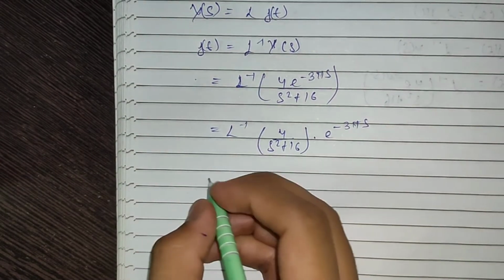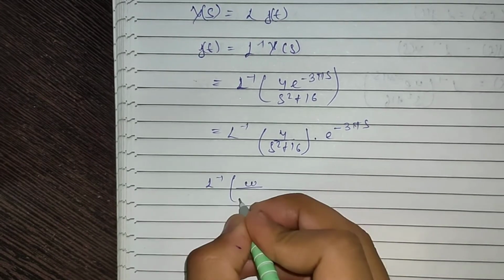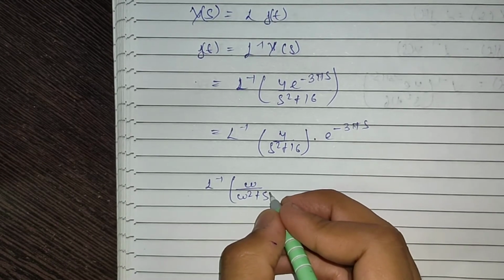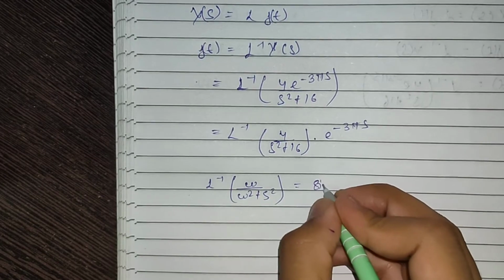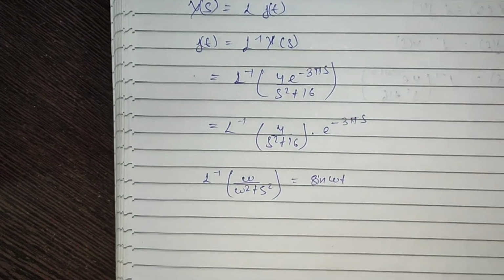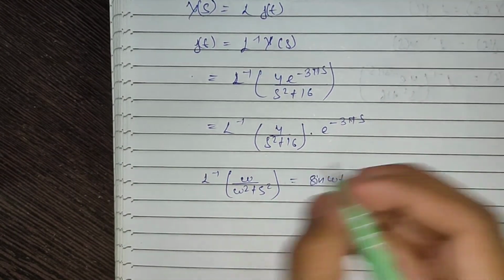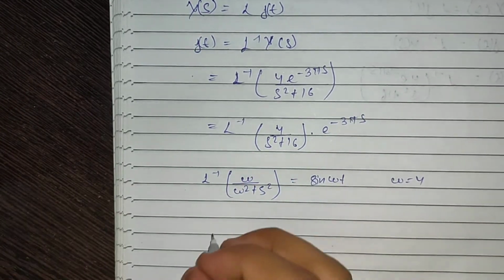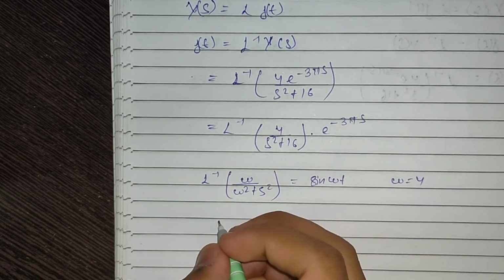So this is a property that the Laplace inverse of omega upon s square plus omega square is equal to sine of omega t. So in this case our omega is 4, and the Laplace inverse of 4 upon s square plus 16 will be equal to sine 4t.